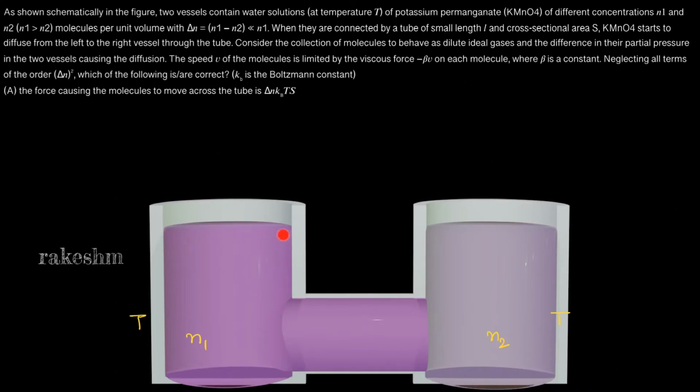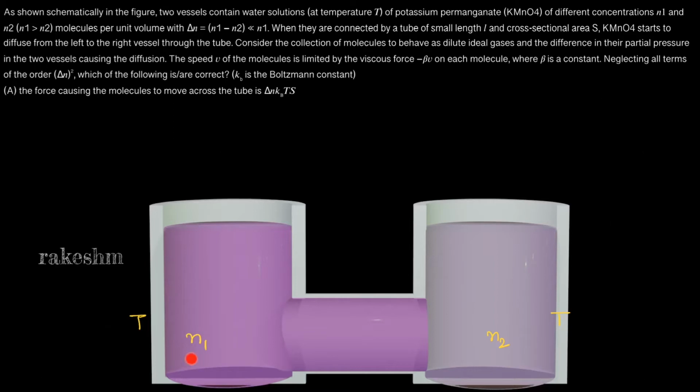So we can see these two vessels here. They contain water solutions of potassium permanganate at temperature T. These two vessels have different concentrations of potassium permanganate. This has a concentration N1 and this has a concentration N2.